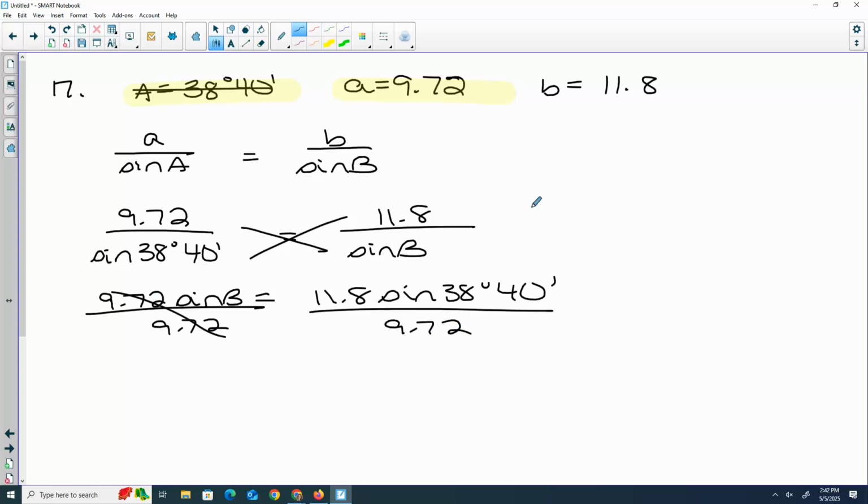So if I put this in, we have 11.8 sine of 38 plus 40 over 60, divided by 9.72.